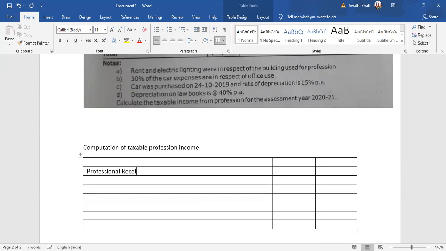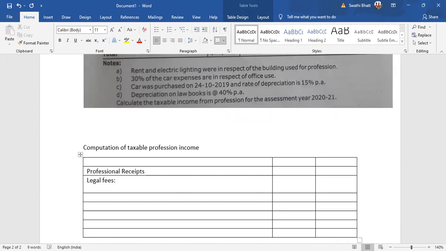Professional receipts. The first professional receipt that you have got is the legal fee. Under legal fee, you have the legal fees of 3 years, which is 2019-20, and the amount is 1,05,000.